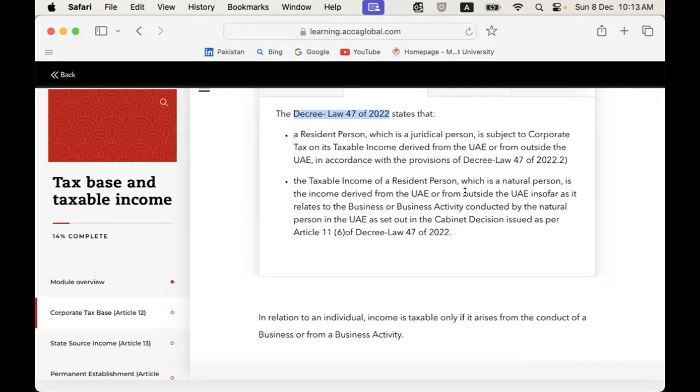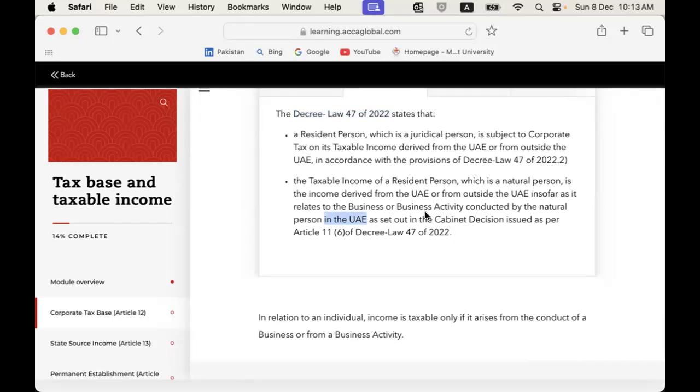But what portion of income from outside the UAE will be taxable? Insofar as it relates to the business or business activities conducted by the natural person in UAE. This is a key point for you to remember. Please don't confuse this point.